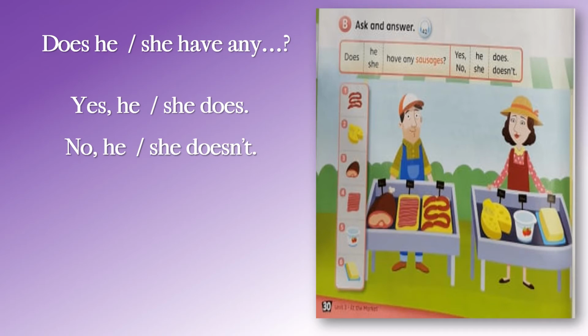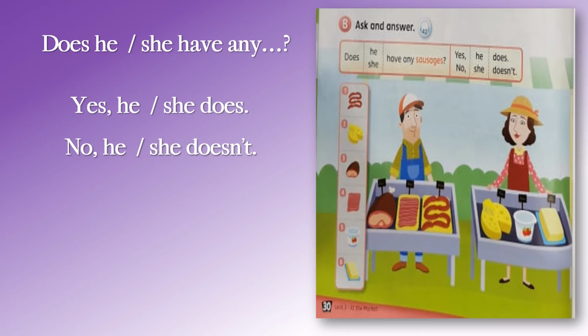Now I am going to ask you the question, does he have any, and then we look at number 1, or does she have any, and we look at picture number 1. I want you to answer. Look at their market stall. If they have the food, then you can say, yes, he does, or yes, she does. But if they do not have the food, then you say, no, he doesn't, or no, she doesn't.